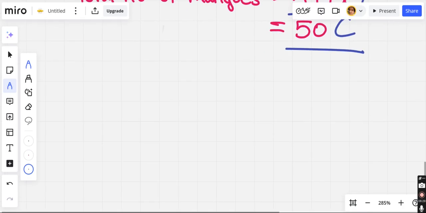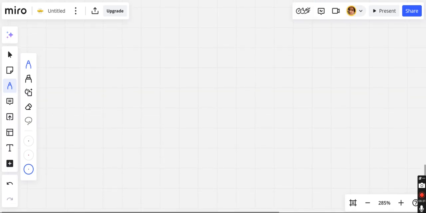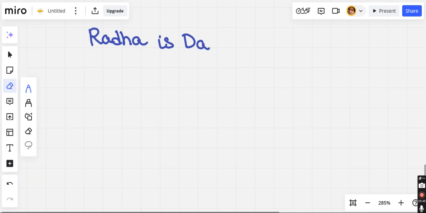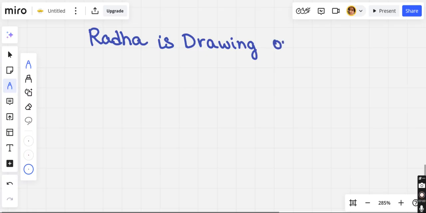Now I'll tell you another one, which is going to be quite easy. First, Radha. Radha loves drawing, and she is also an artist. She wanted to draw a dot rangoli.